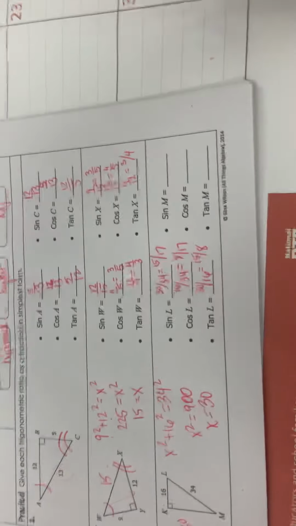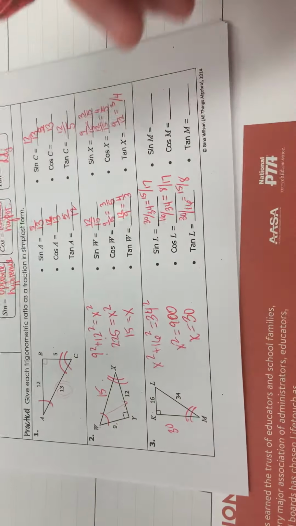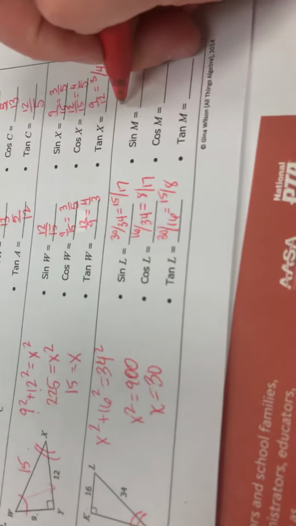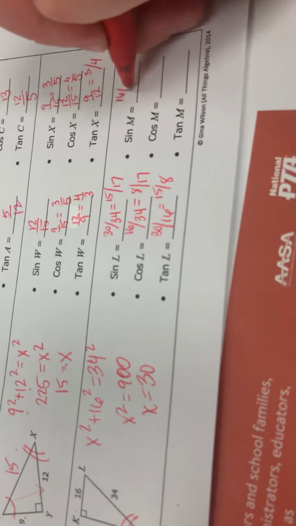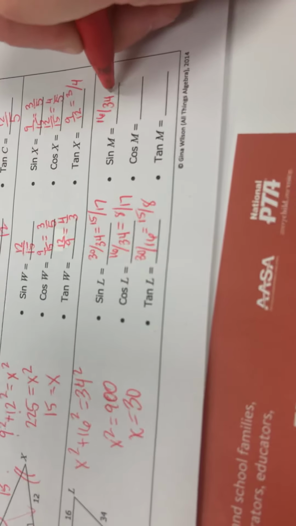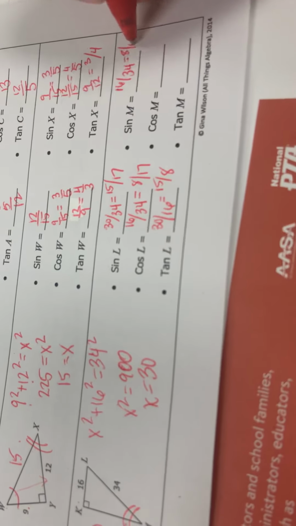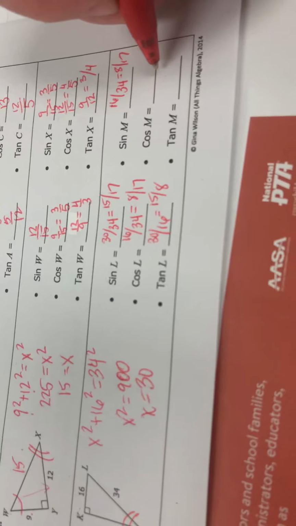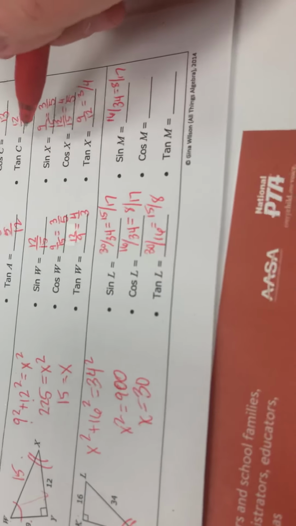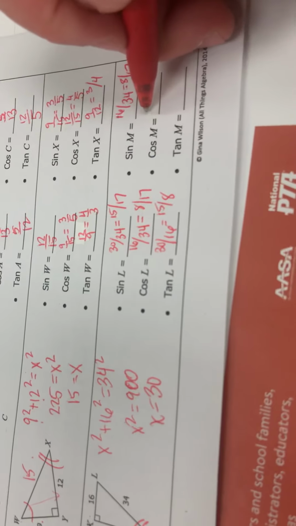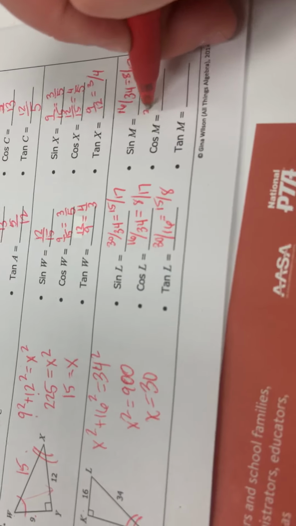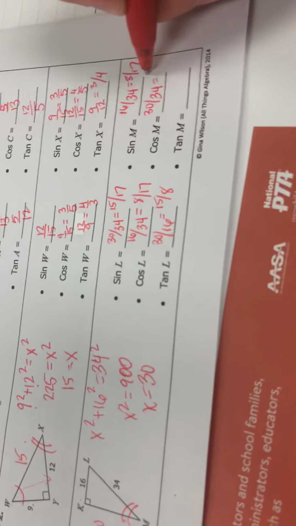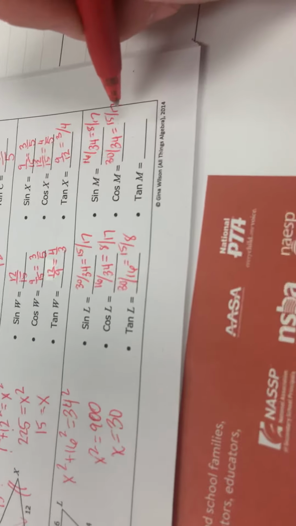Okay, sine of M. So here's angle M down here. Sine is opposite over hypotenuse. Opposite over hypotenuse would be 16 over 34. And you could divide that by 2, so that equals 8 over 17. Cosine of M is adjacent over hypotenuse, A over H. So A over H would be 30 over 34, which is 15 over 17 as well.